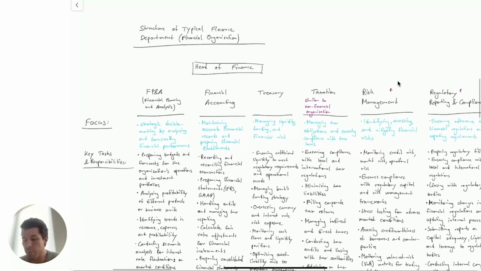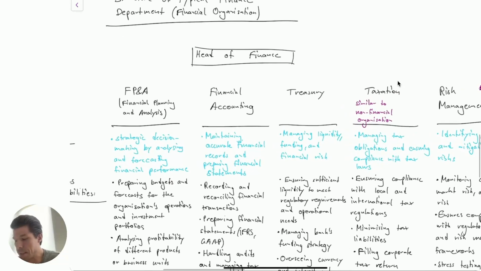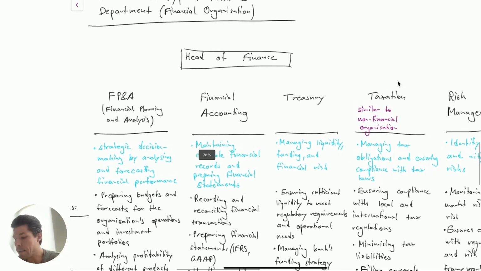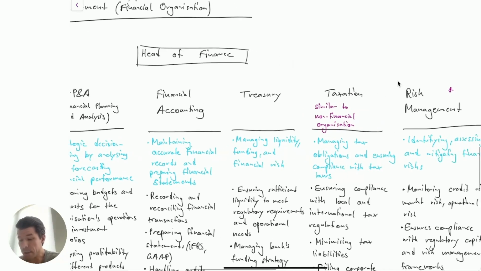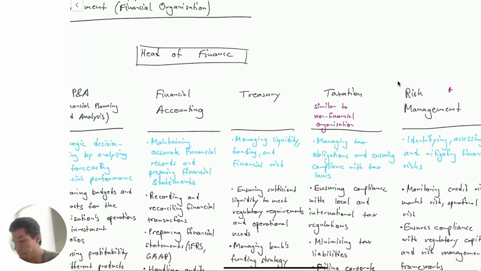If we go through department by department, we would expect the financial planning and analysis department to be there as well. The tasks and responsibilities are slightly different because we're talking about a bank. Accounting, same, to ensure accuracy of financial records and preparing with accounting standards.